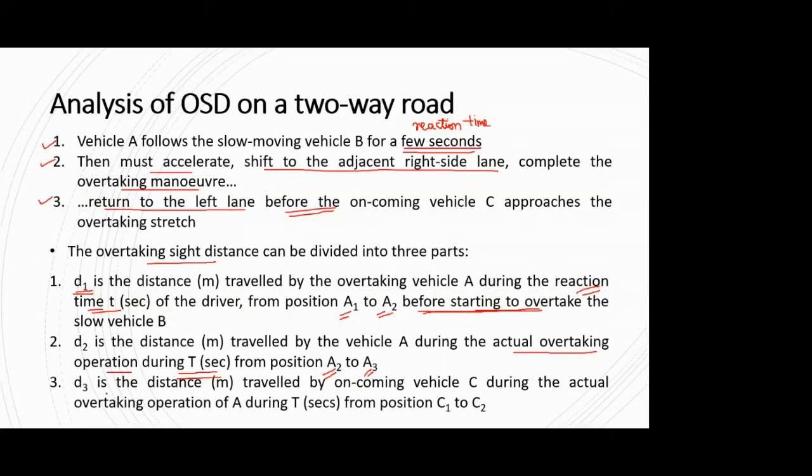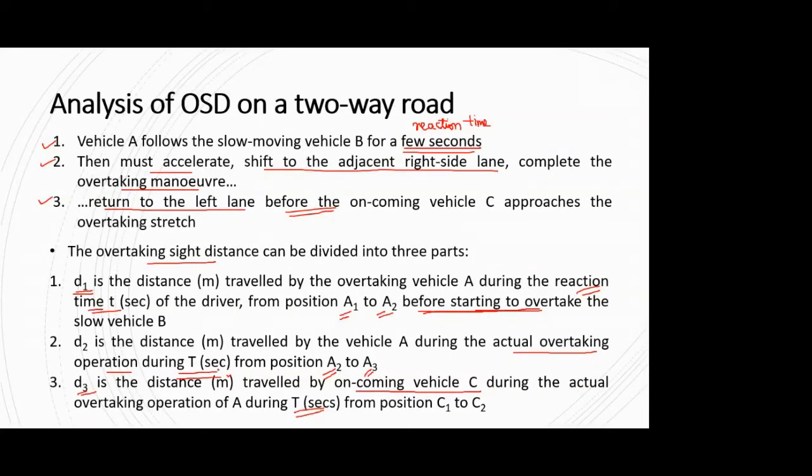And the third distance, D3, is the distance in meters traveled by the oncoming vehicle C. By the time the overtaking takes place, in the same time frame the vehicle from the opposite direction is approaching. So same time frame means the T will remain the same.